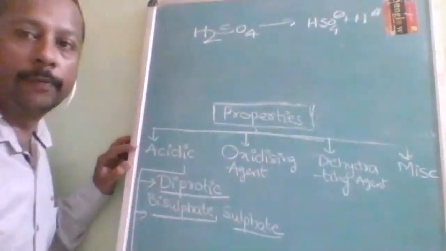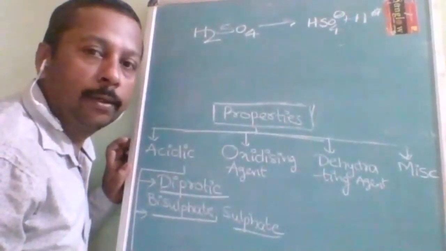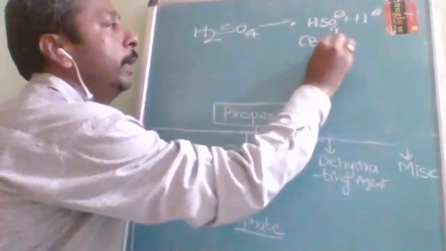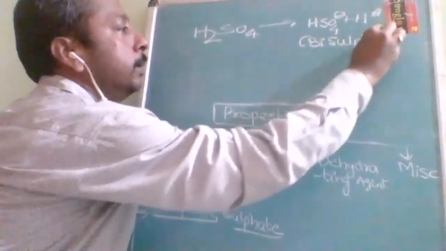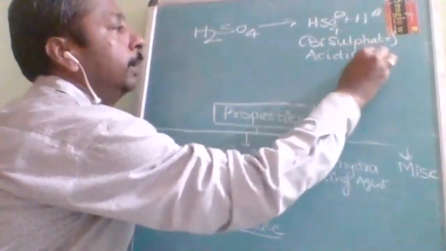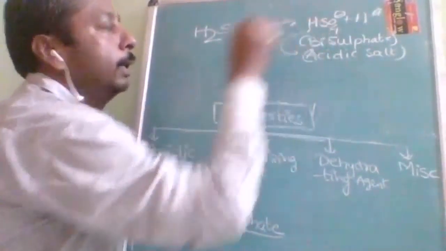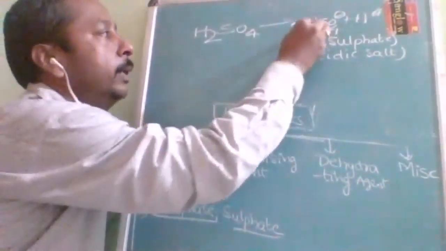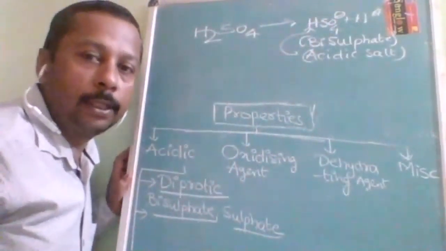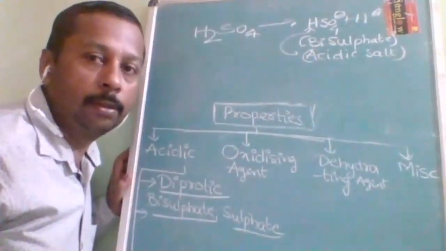The salt in which the anion is HSO4 minus is called bisulfate. Such salts are also acidic salts, because acidic property is still left over in the form of hydrogen. Even though it has properties of a salt, some acidic properties are also left over.